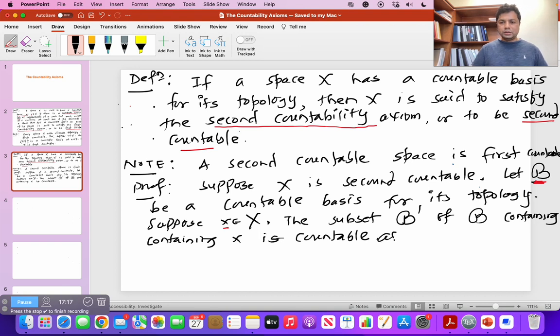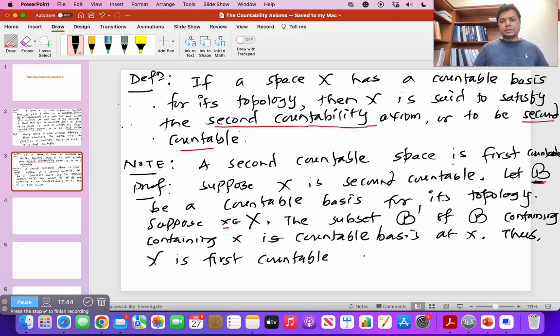Thus, the subset script B prime of script B containing x is a countable basis at x, lowercase x. Thus X is a first countable space. So here we have just seen that every second countable space is first countable.